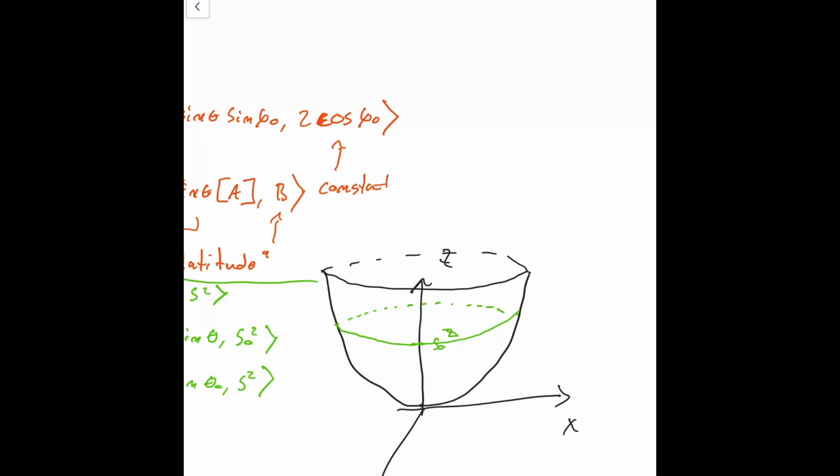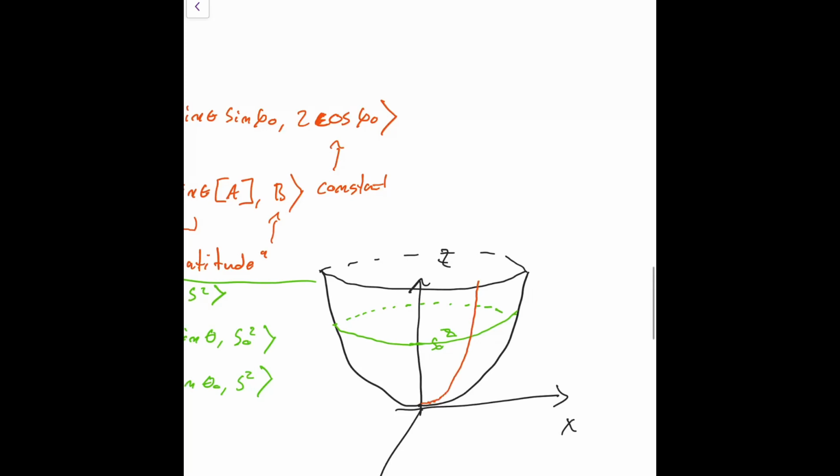Now if we look at a fixed theta, we would have a curve that follows the paraboloid up this way. So this would be for fixed theta, and then the green one would be for fixed s. And so these give coordinate curves.